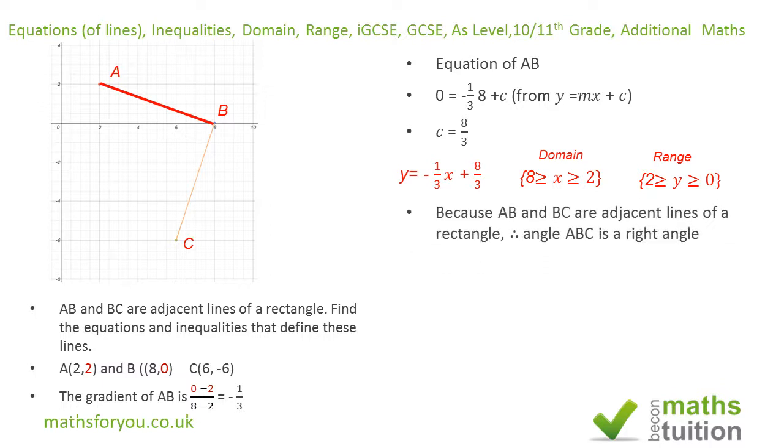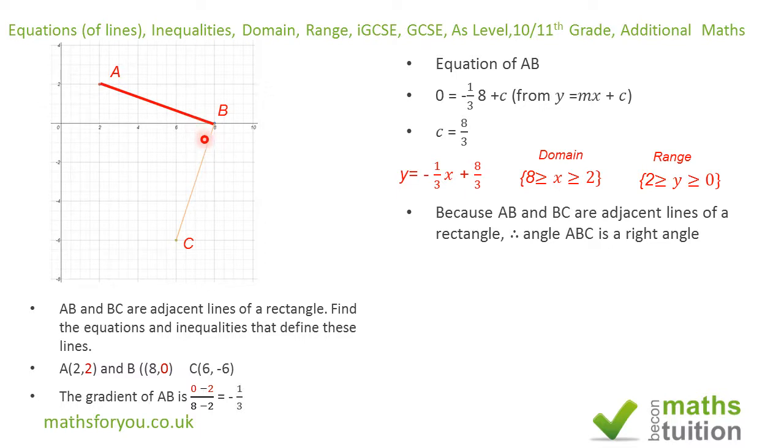Now for line BC, you can find the gradient by doing your rise divided by the run. But for AS level mathematics, you may not be given the gradient of BC, because we know that AB and BC are adjacent lines of a rectangle. So the angle ABC must be a right angle.